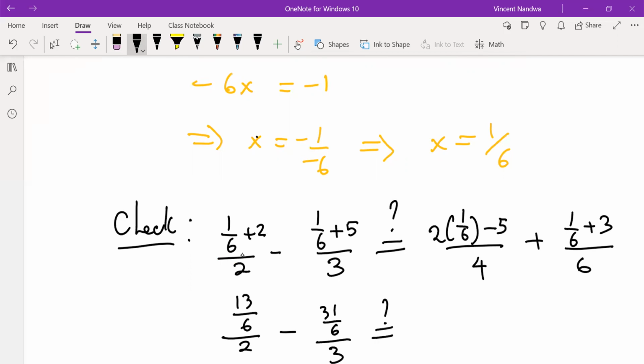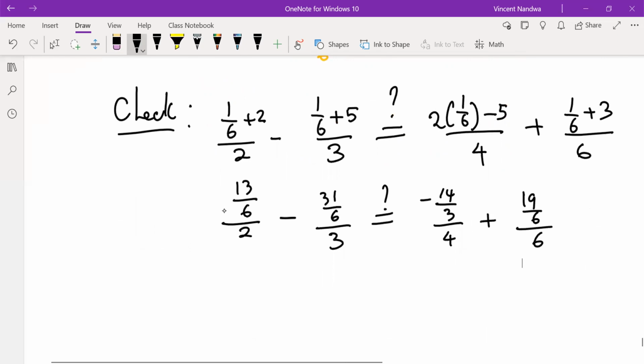Is this the same as the right-hand side? So 2 times 1 over 6 is 2 over 6, minus 5, we get minus 14 over 3, divided by 4. Then 1 over 6 plus 3, we get 19 over 6, divided by 6. Then 13 over 6 divided by 2, we get 13 over 12. Minus 31 over 6 divided by 2 gives you 31 over 12.